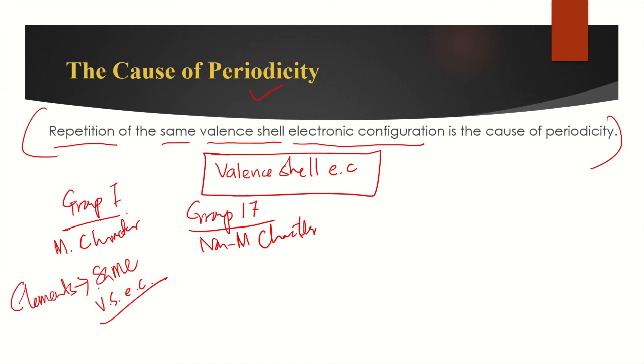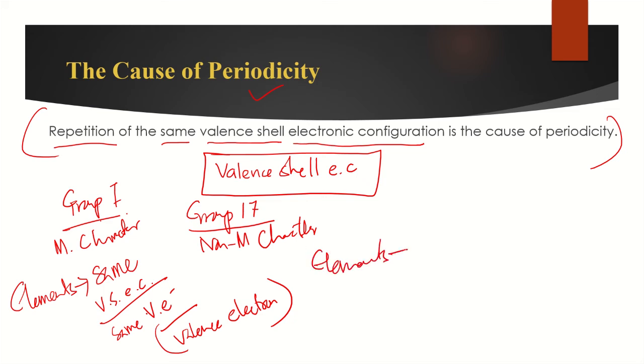That means all the elements in group number 1 have the same outermost electrons, the same valence electrons. For group number 17 also, all the elements present in group number 17 contain the same valence electrons.